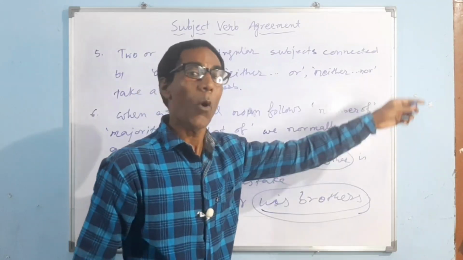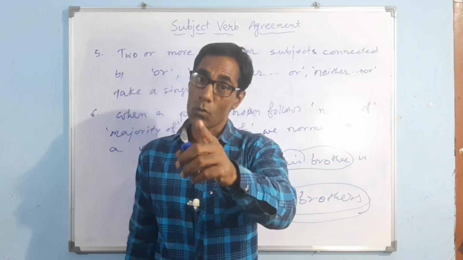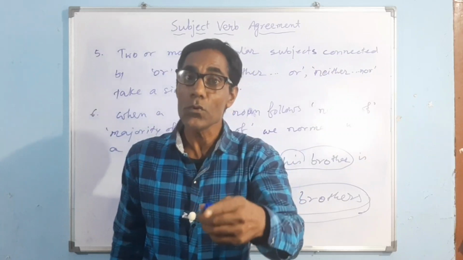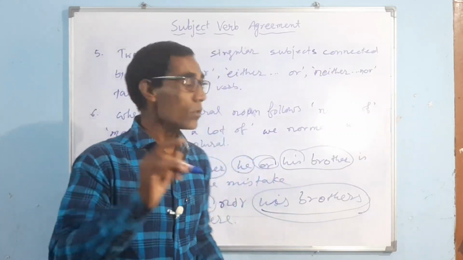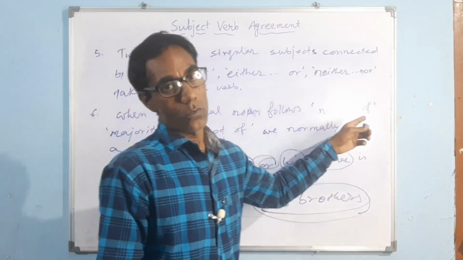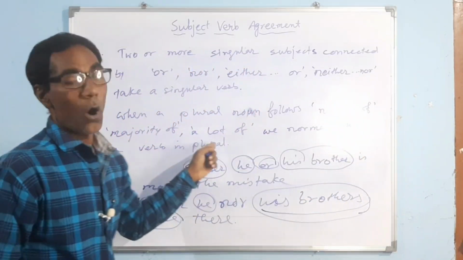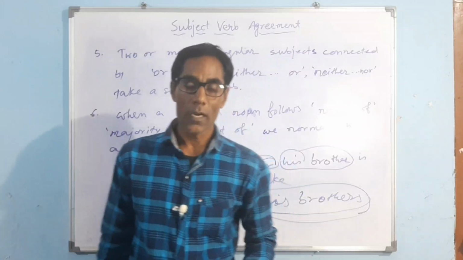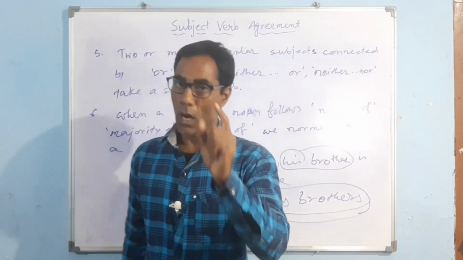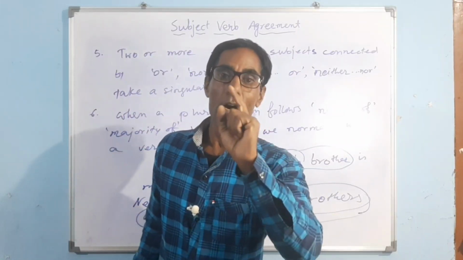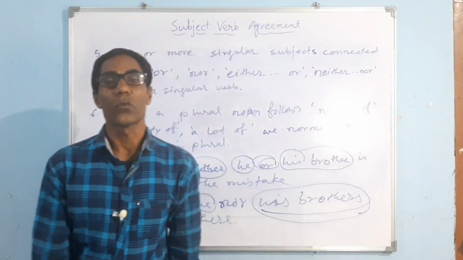A large number of boys, so I have used a plural noun. So you also have to use a plural verb. After a number of, majority of, or a lot of, generally you have to use a plural noun and normally a plural verb.